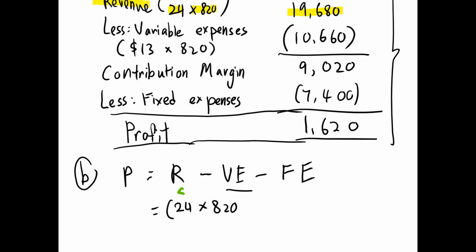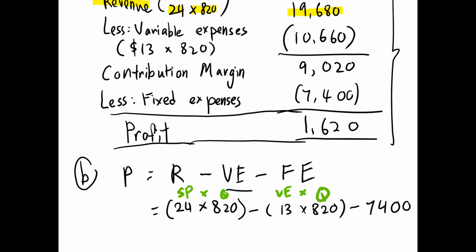So this will be your selling price, this will be the quantity, you have to times with your quantity, minus your variable expenses, which is your variable expenses times by your quantity 820. So your variable expenses per unit is $13, you have to times with the quantity again, and then you need to minus off your fixed cost, which is 7,400.